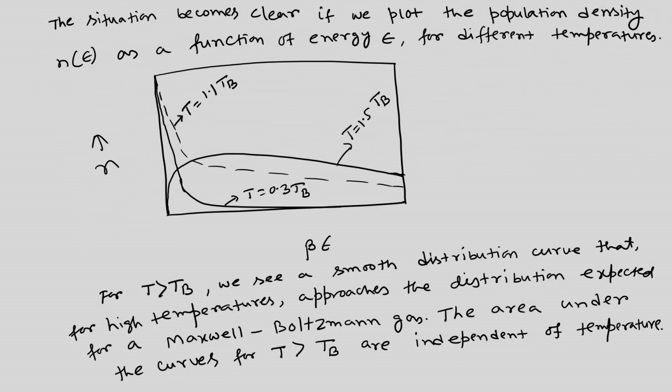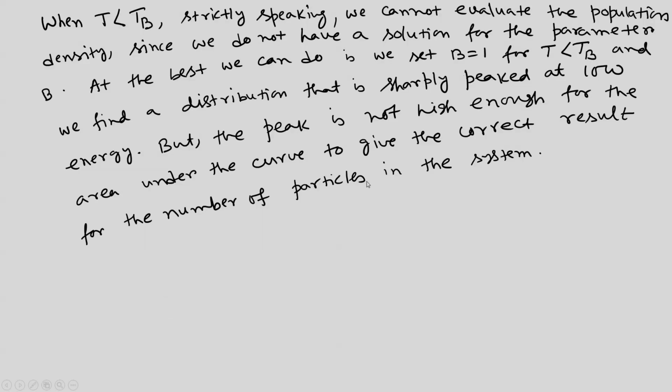So, in the above expression and the above plot, we can just replace this beta epsilon by Kb times Tb, because we cannot really evaluate for T less than Tb.